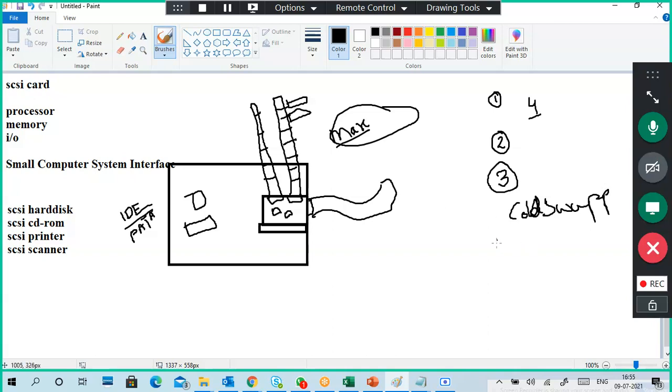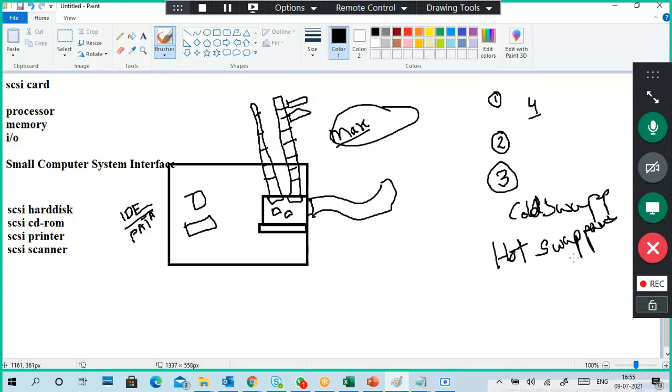So what is hot swappable? We can replace the devices without shutting down the PC. Very good.